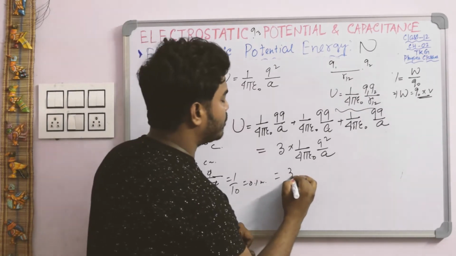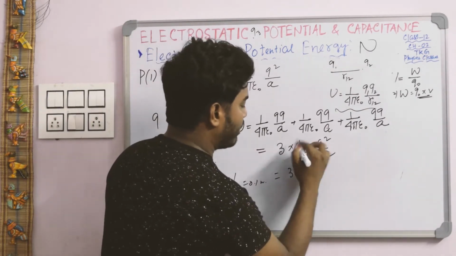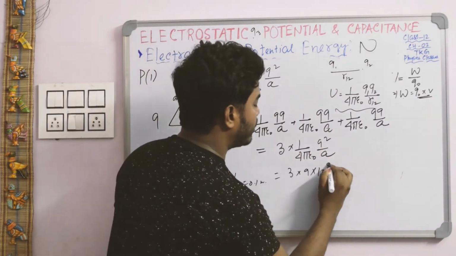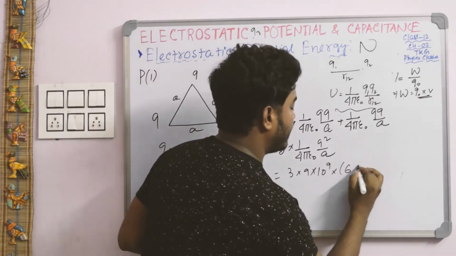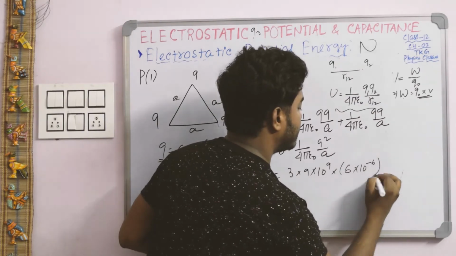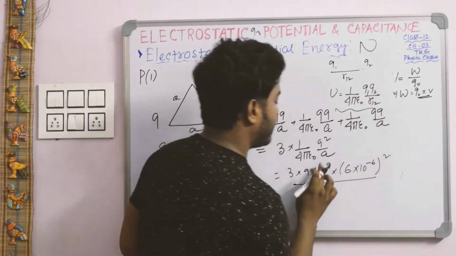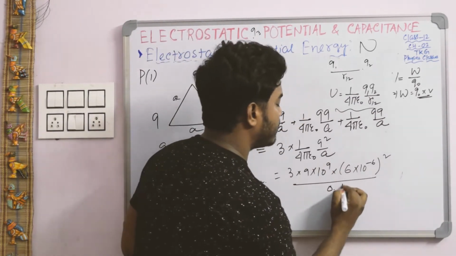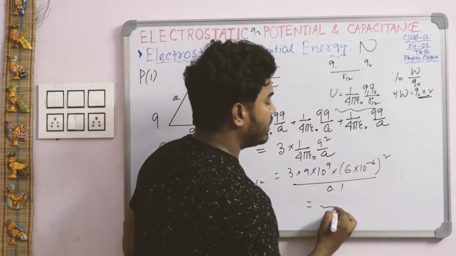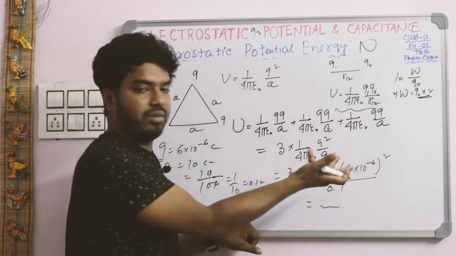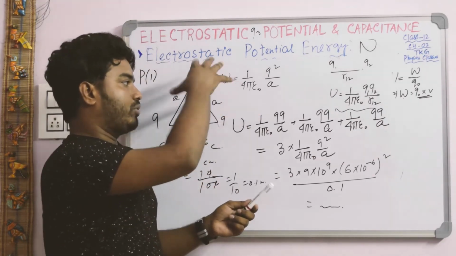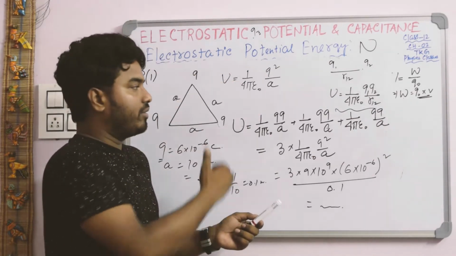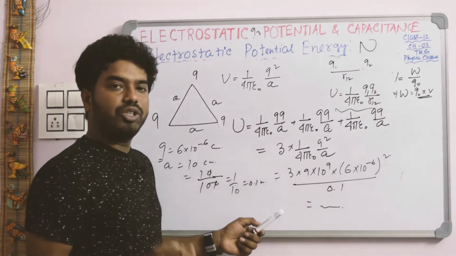Now putting the values: 3 into 1 by 4 pi epsilon naught, that is 9 into 10 to the power 9, times Q square, that is 6 into 10 to the power minus 6 the whole square, divided by the separation, that is 0.1. Solve it, and then this will be the answer. So this is the way for calculating electrostatic potential energy.